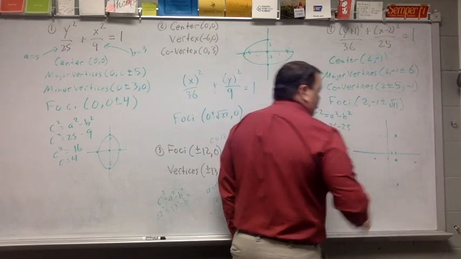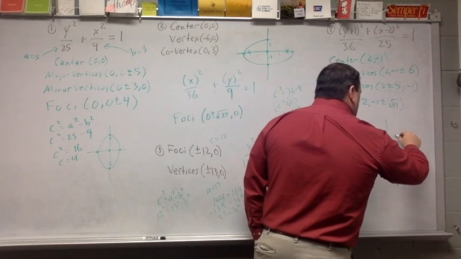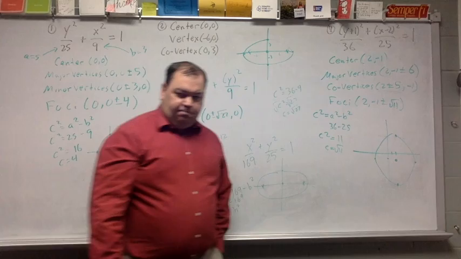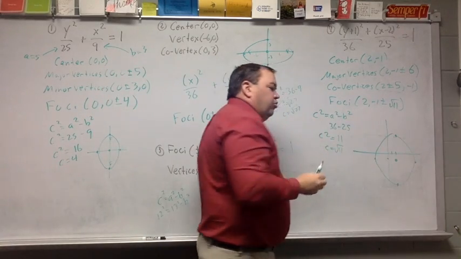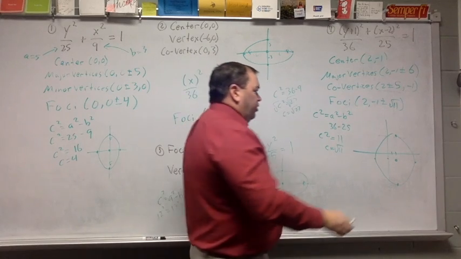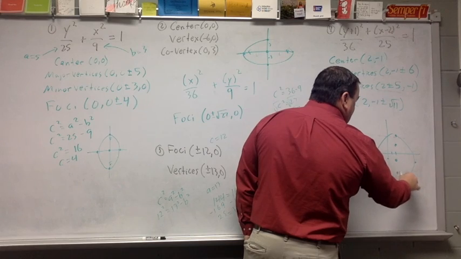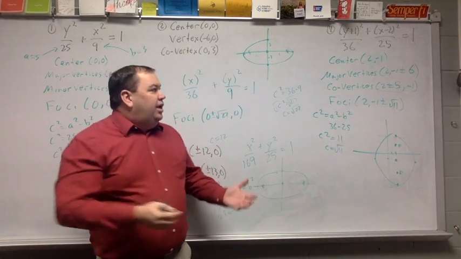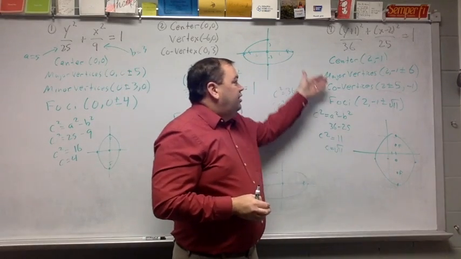So this is a very round ellipse. Its eccentricity would be closer to 0. But it's still an ellipse. And my foci, I'm supposed to go square root 11, which I said was somewhere between 3 and 4. So if I go up 3, down 3, they're somewhere in here, inside the ellipse where they're supposed to be. And there's my ellipse top to bottom, both graphically and algebraically.